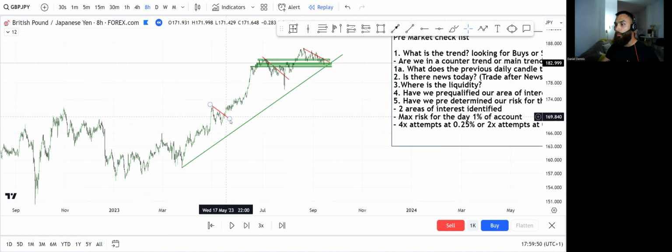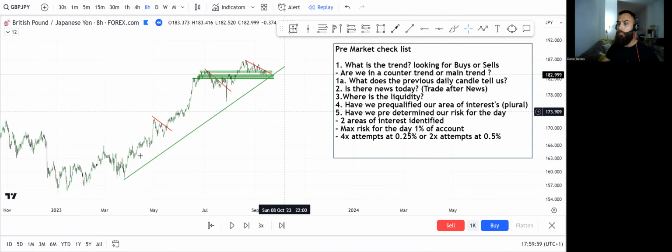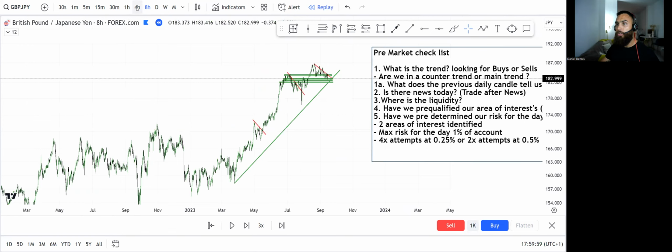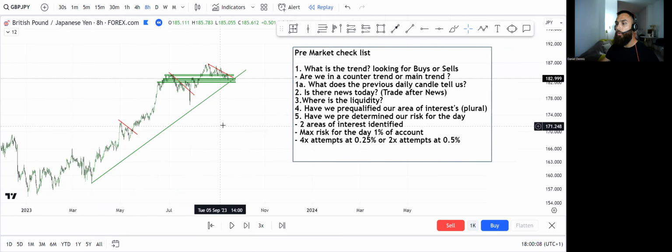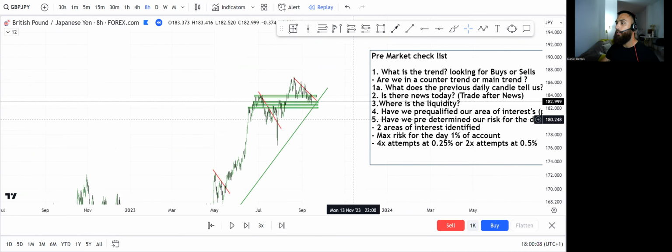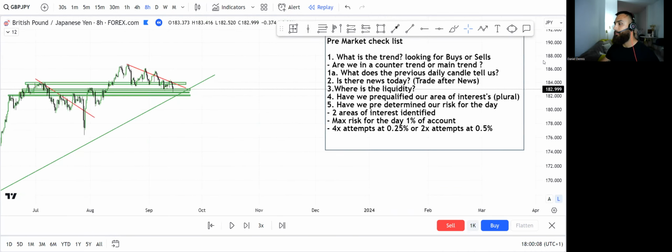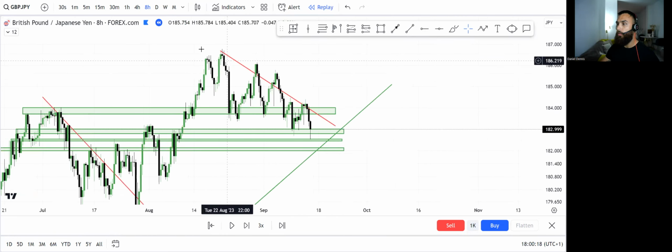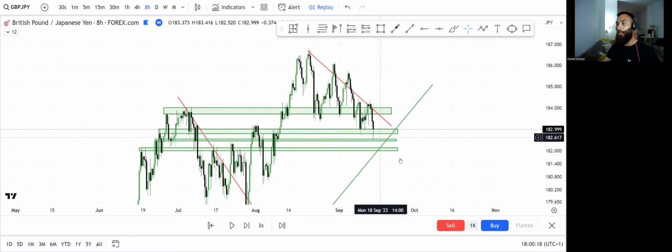These little counter trends I've done in red just so it's plain for you to see, so we can differentiate between the two. So currently, from a higher time frame perspective, we are overall in an uptrend, but currently we are in a counter downtrend. Now, overall, I'm bullish on this.